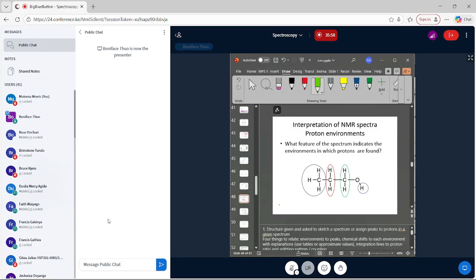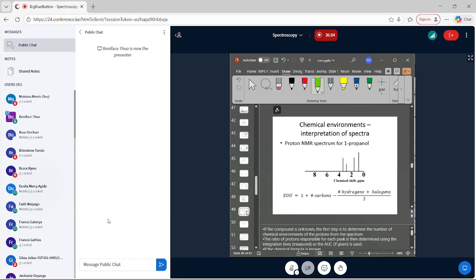Now, when you look at an NMR spectrum, you get major peaks. If now you only have the spectrum and you're expected to come up with the structure of the compound, the number of major peaks gives you the chemical environments.